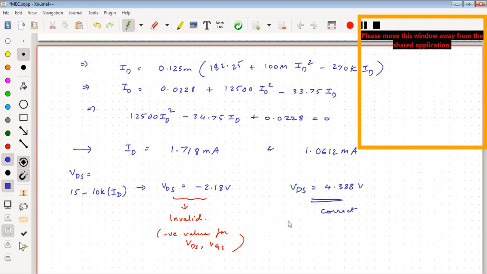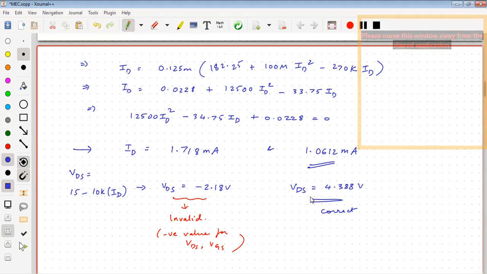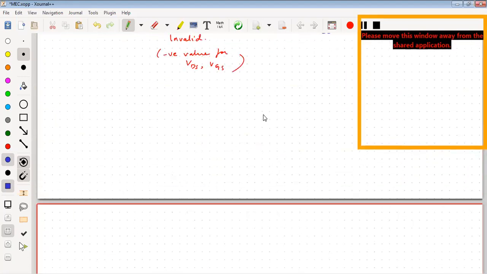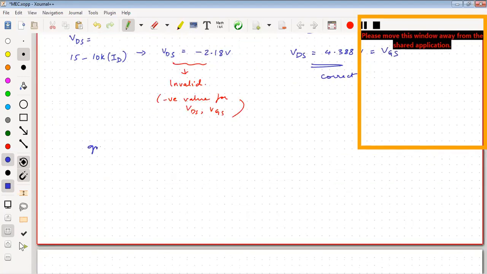Right. So I have found out ID. I have found out VDS. Next, let us look at gm. That is the reason I have to find out the VDS. VDS is same as VGS, right? From VGS, I can find out the gm value. Once I find out the gm value, I can find out the gain of the amplifier. Right? So gm is equal to Kn prime W by L into VGS minus VT.